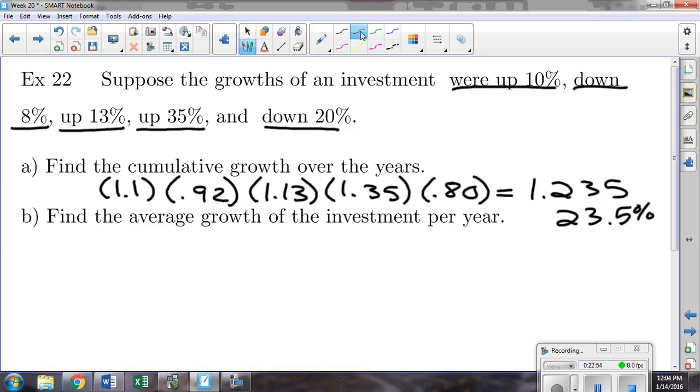The average growth then, well, how many years is this over? That included 5 years. So we would have 1 plus the average rate to the 5th power will give us this 1.235. In order to solve it, we will have to take this then to the 1/5 power.